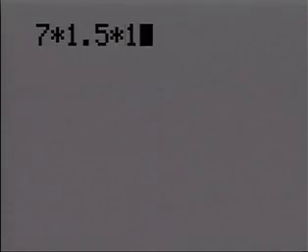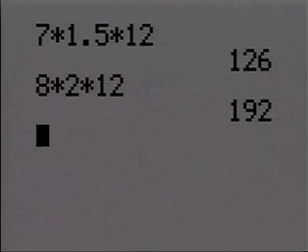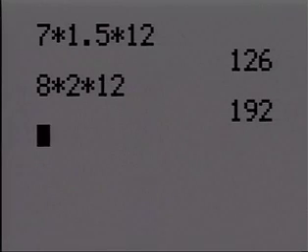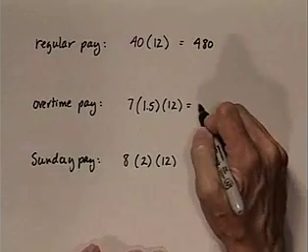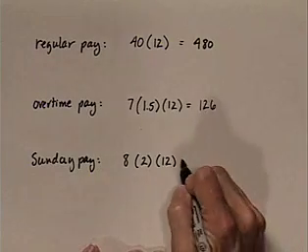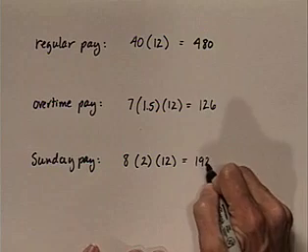Let's turn to a calculator to do the next one, just so we don't make an error. We want to do 7 times 1.5 times 12. And while we're here, we'll do our other calculation, 8 times 2 times 12. So we need to include $126 and $192. Let's write those down. 126 and 192.